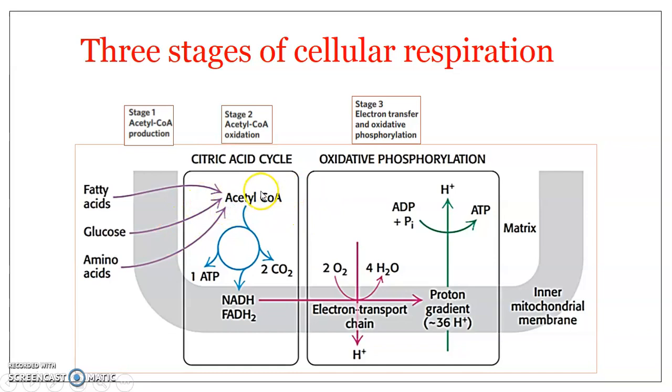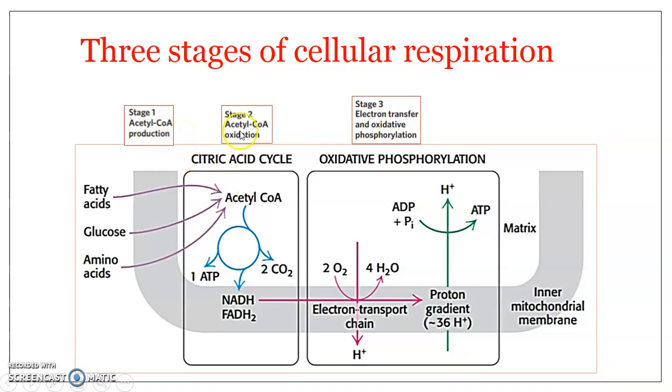Right, now we will see how pyruvic acid is converted to acetyl coenzyme A, and that is considered to be the first step into the entry into the citric acid cycle. So we are going to speak about acetyl coenzyme A production from pyruvate specifically.